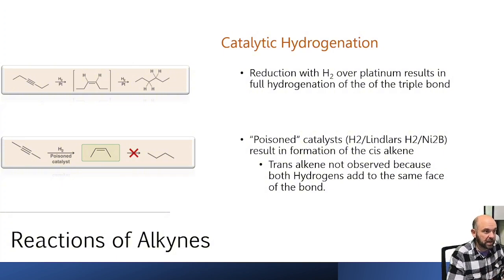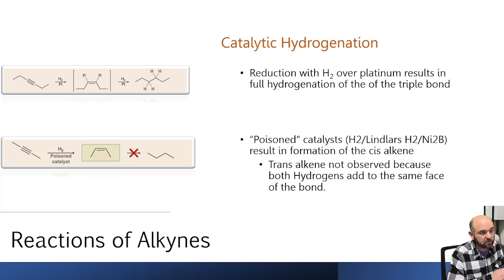The hydrogen gas, because of the platinum catalyst, will react with the triple bond: an H2 will add one time to give an alkene, and then add to the alkene a second time to give the alkane.